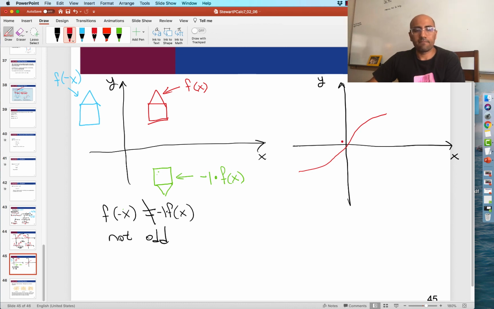Okay, so first of all, let's say this is f of x, and we wanted to do a reflection about the y-axis, so we can get f of negative x. So that would come over here, and I'm just looking at this mirror reflection about this axis. So it would come from over here and come this way and go that way, something like that.